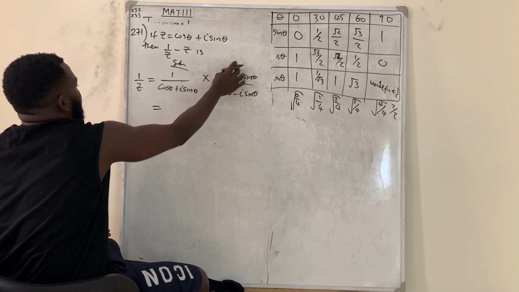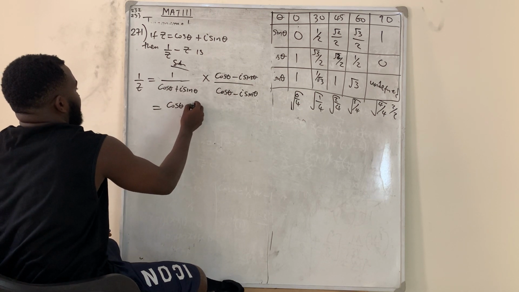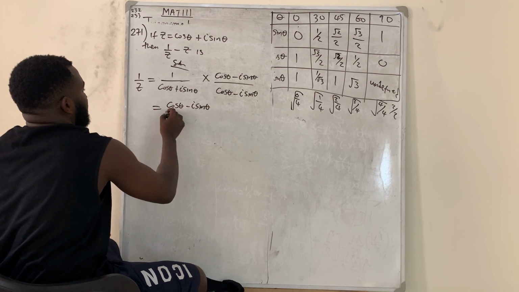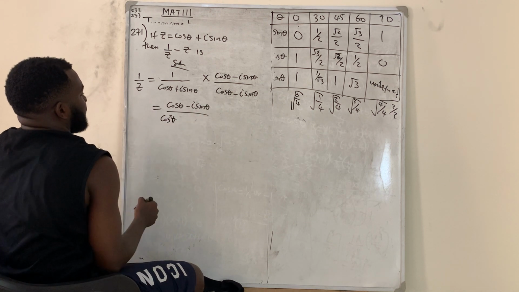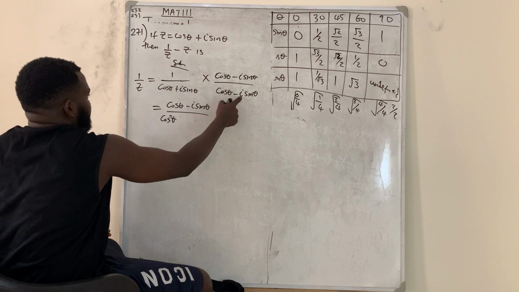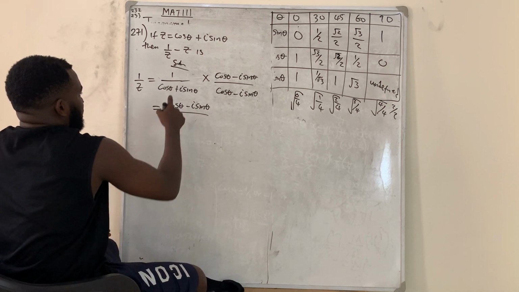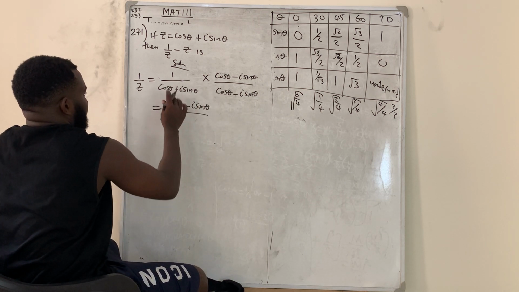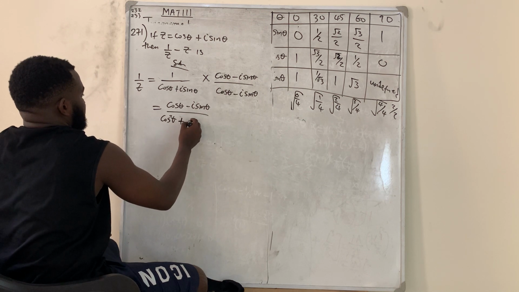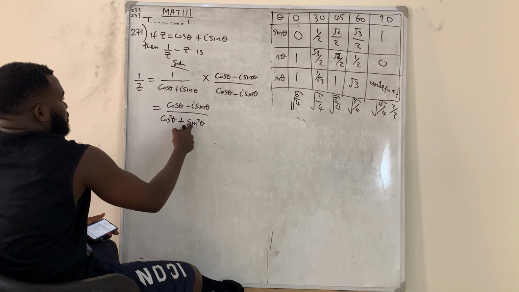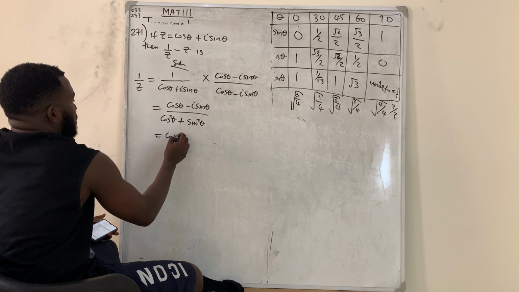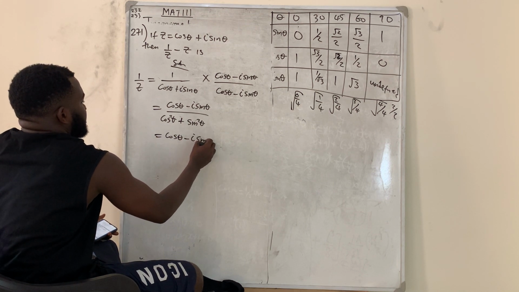So this times 1 will give you cos theta minus i sine theta over, this times this will give you cos squared theta, minus times plus will be plus sine squared theta. Do it, you will see that this is 1. So this is giving me just cos theta minus i sine theta.